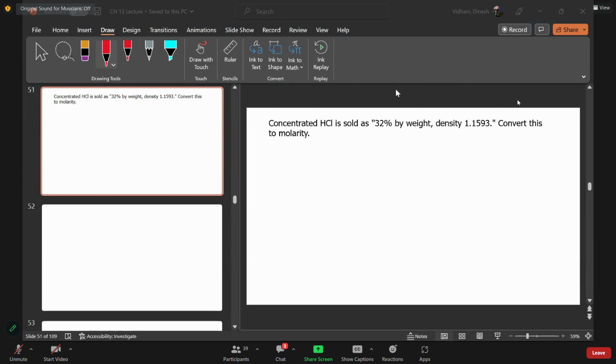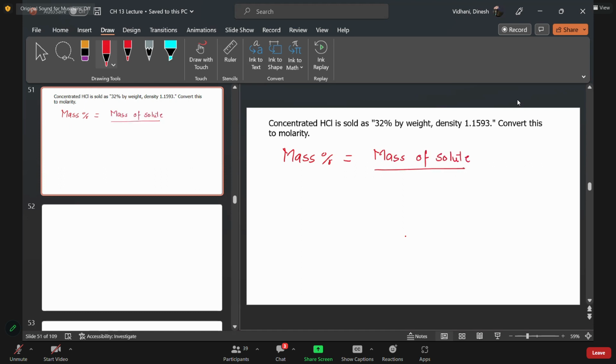Okay, guys. So I'll give you 2 minutes. Think about this problem. Let me give you a hint. Mass percent equals mass of solute divided by mass of solution multiplied by 100.